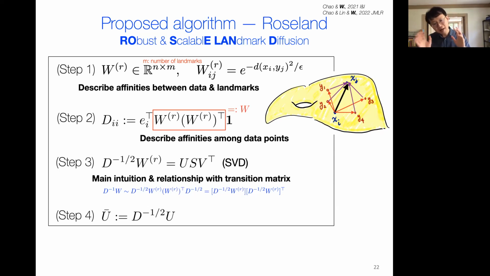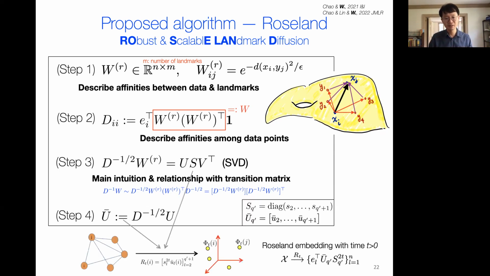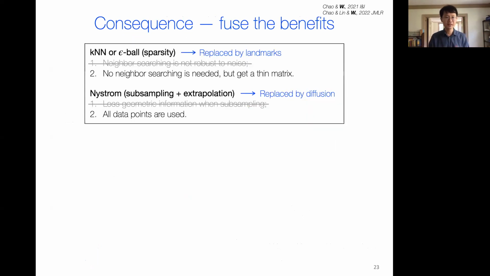So to do eigen decomposition of D inverse W is equivalent to running SVD for D^(-1/2) WR. Then, as usual, you multiply it back by D^(-1/2) to get the final eigenvectors, and then you can do the embedding as before. So we call it Roseland embedding with time t. That is the algorithm.